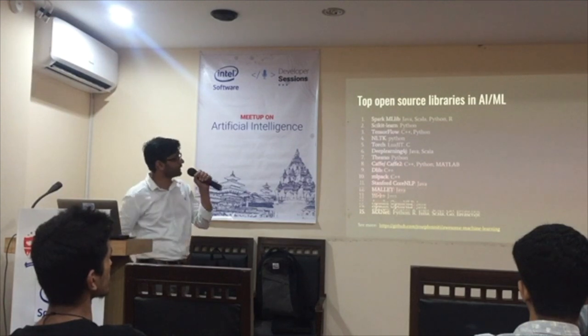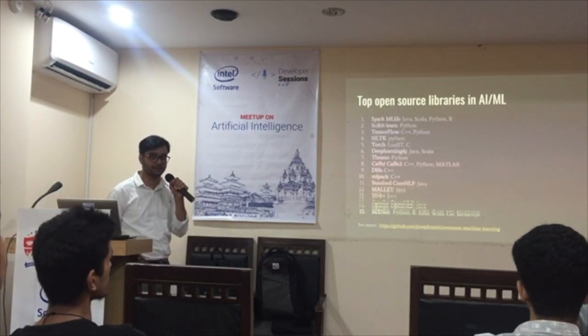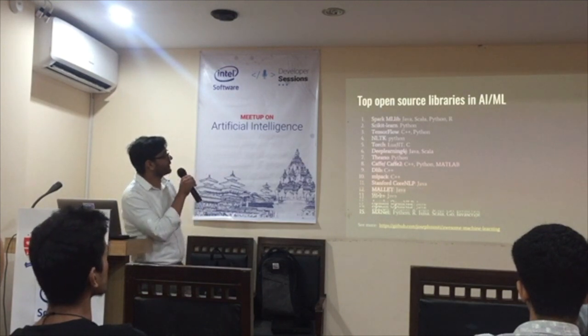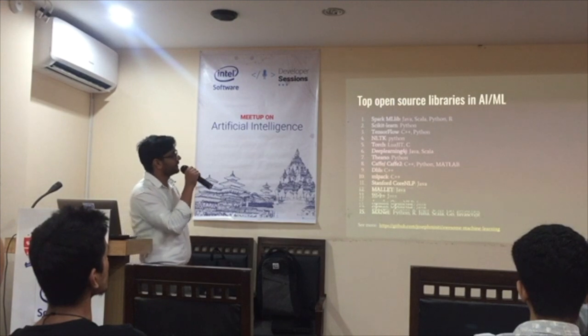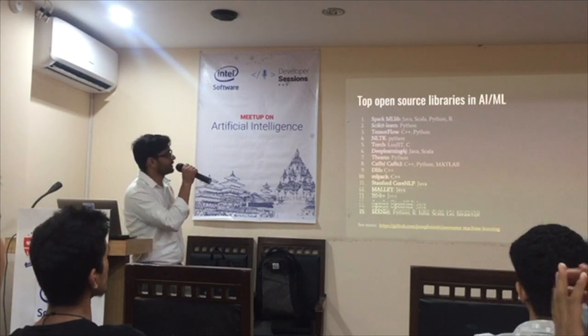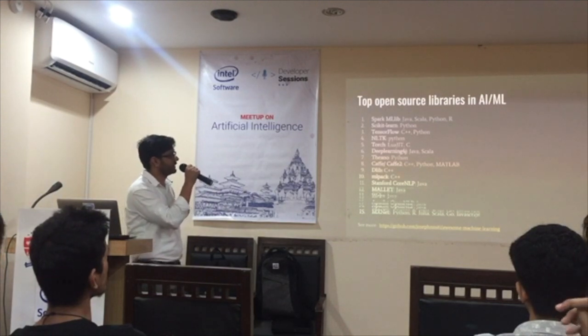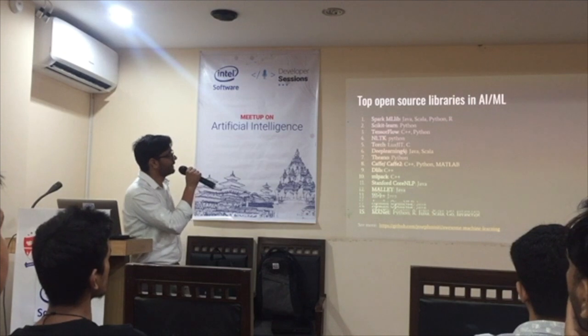So here are certain libraries you can use if you want to start with machine learning or deep learning. Spark ML library, Java, actually Scala based, with Python and R. So you can start with it. Scikit-learn is there for Python. TensorFlow is there for C++ and Python.